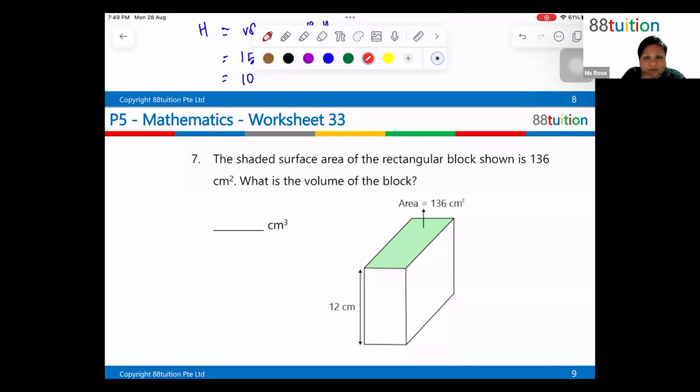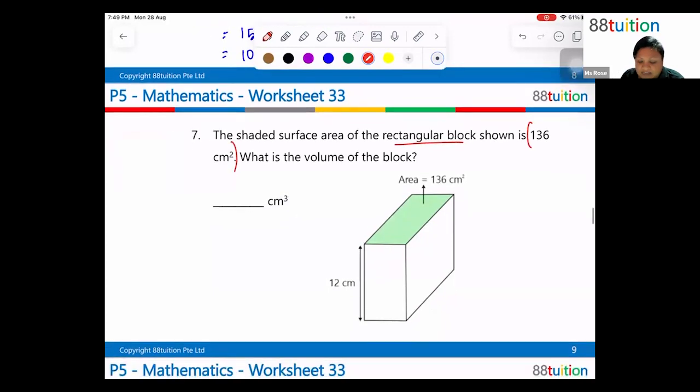The shaded surface area of the rectangular block shown below is 176 cm squared. Because it is a rectangular block, at the bottom here I will also have a base, right? This base area.